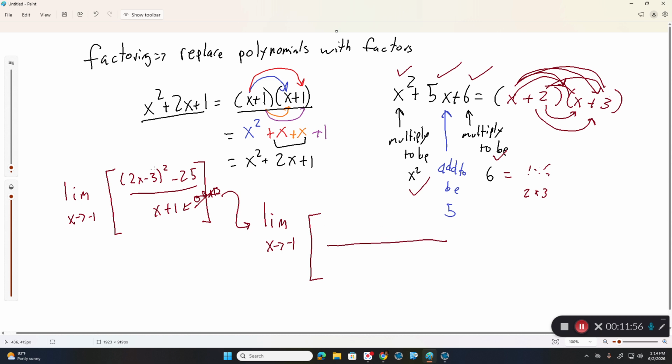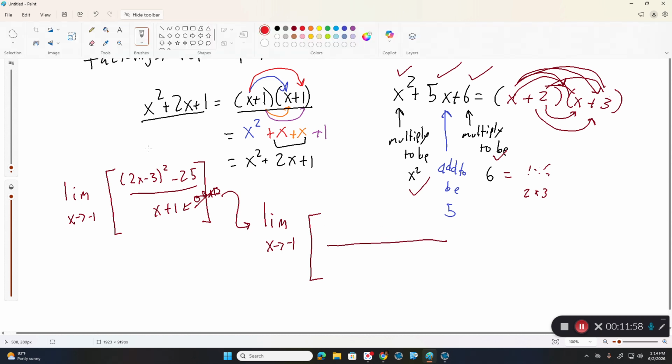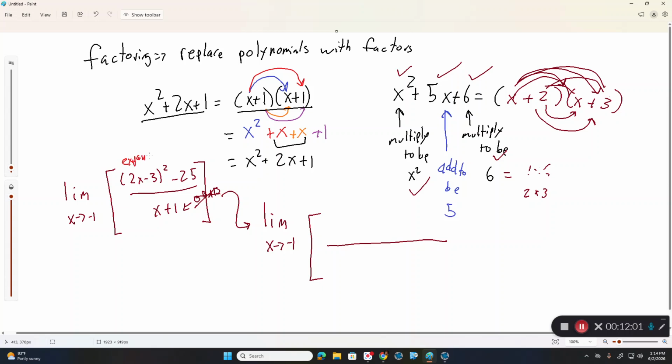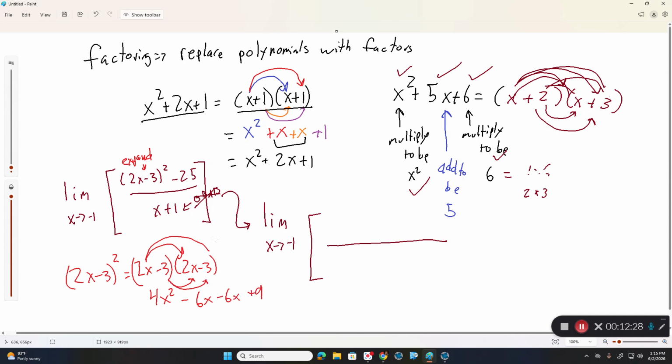First thing I'm going to do is expand this term right here, because I really just want a polynomial in my numerator. So what is 2x minus 3 squared? Well, that's 2x minus 3 times 2x minus 3. Once again, doing that expansion out, that gives me 4x squared minus 6x minus 6x plus 9.